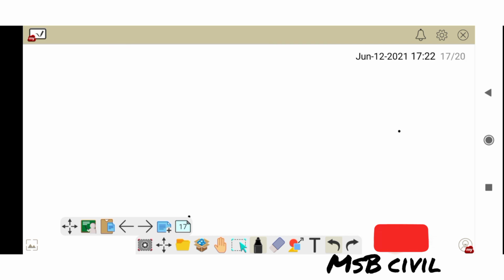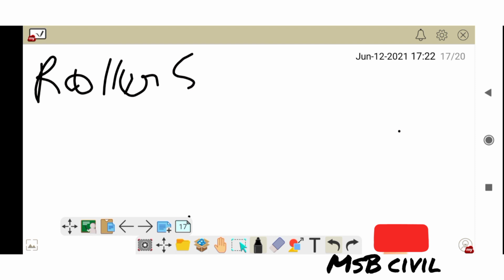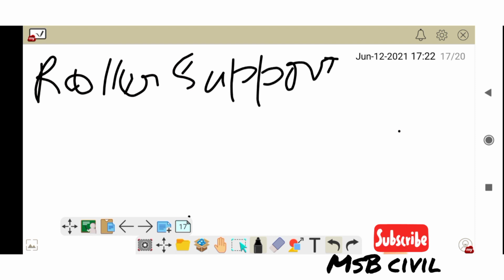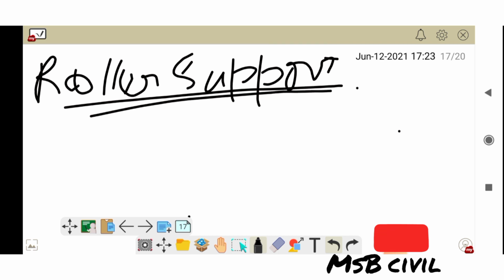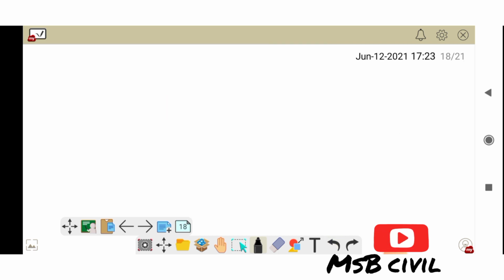Now let's study roller support. The roller support diagram looks like this.